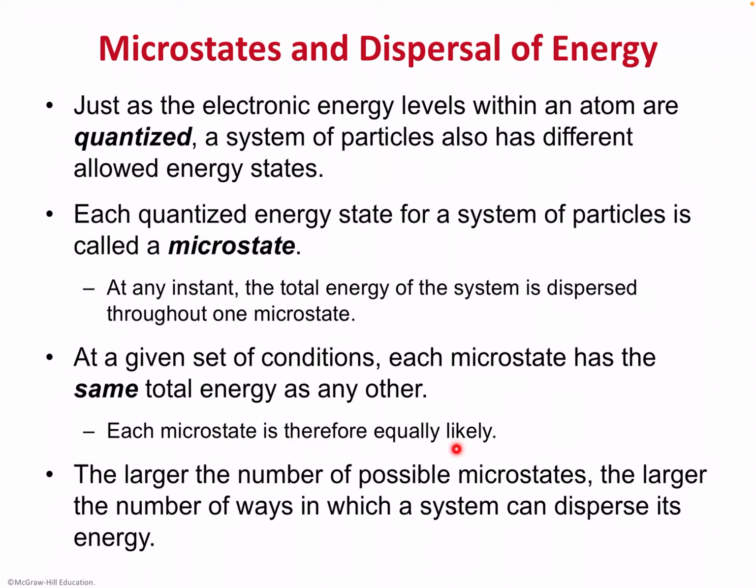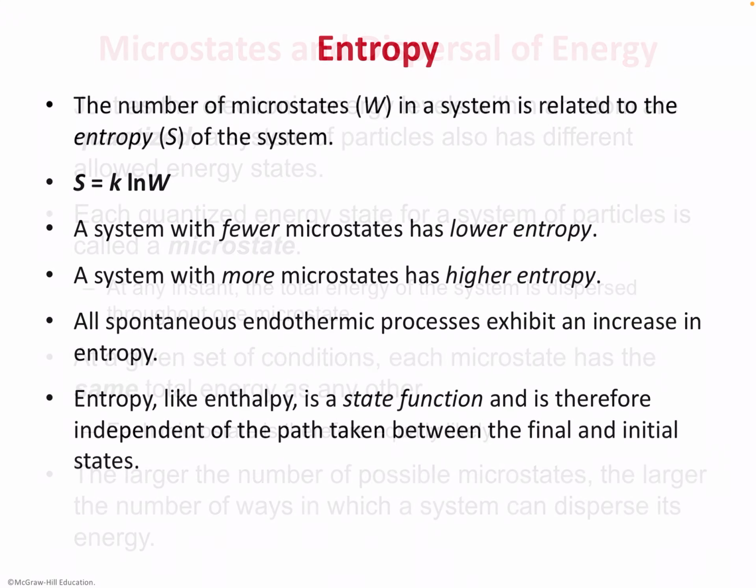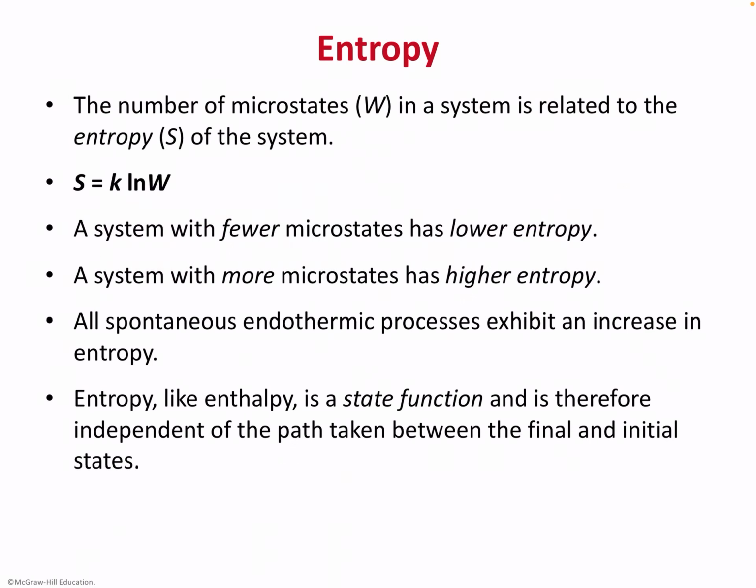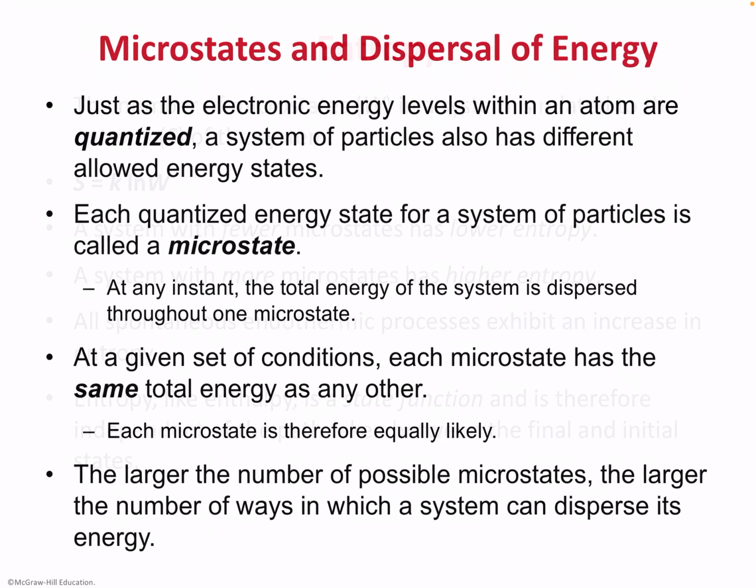You can have many microstates, but they are equally likely and they also have the same total energy as any other. The larger the number of possible microstates, the larger the number of ways in which a system can disperse its energy. Okay, I'll show you in a few slides down the road.